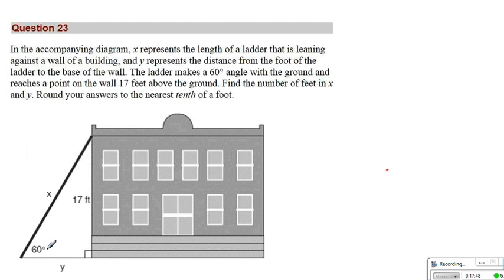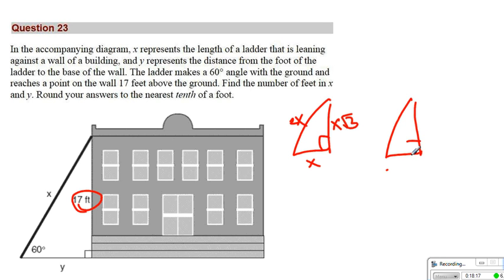Here we have a 30, 60, 90 triangle, and given that this is 17, how can we get this? In a 30, 60, 90 triangle, the sides are x, x radical 3, and 2x. Because they are already using x, why don't we use a different variable so that we don't get confused. We can call this one a radical 3, and then 2a.